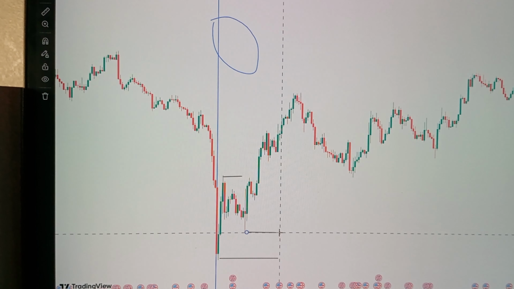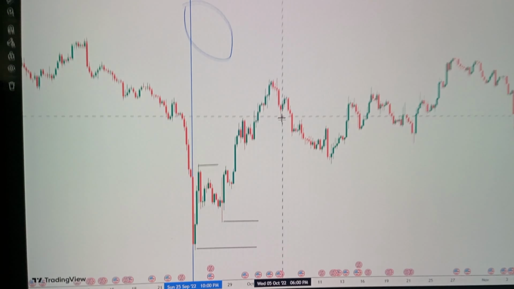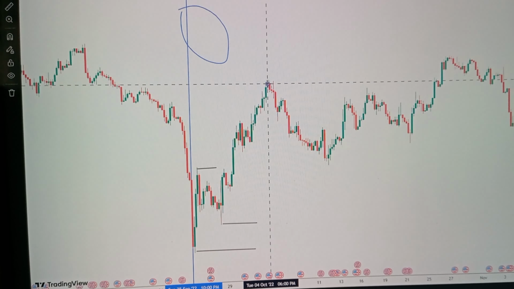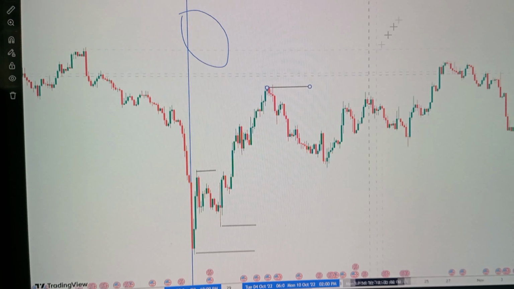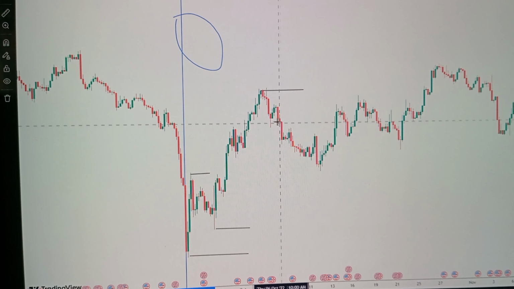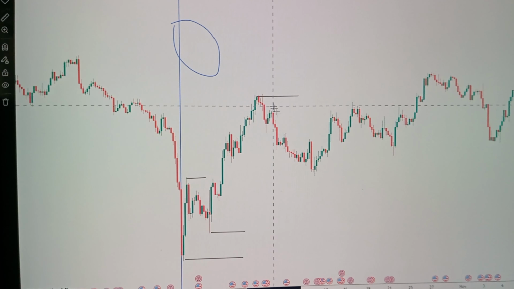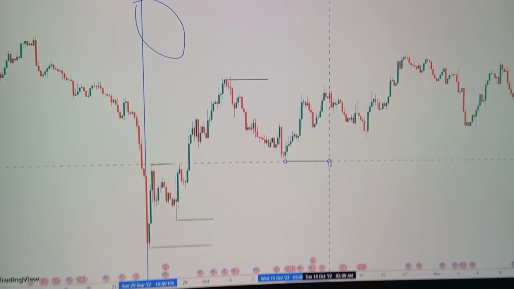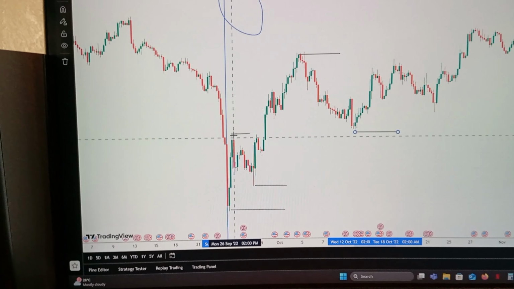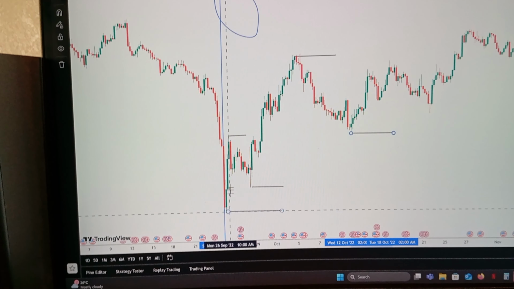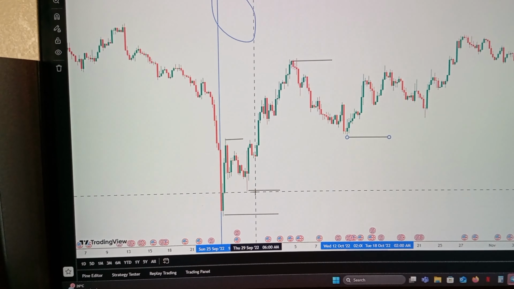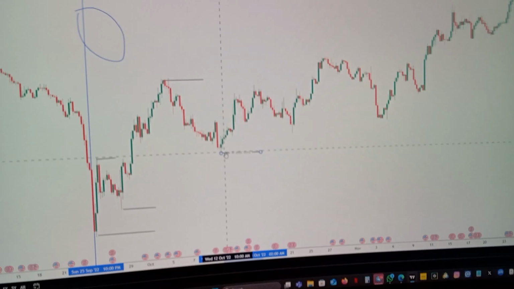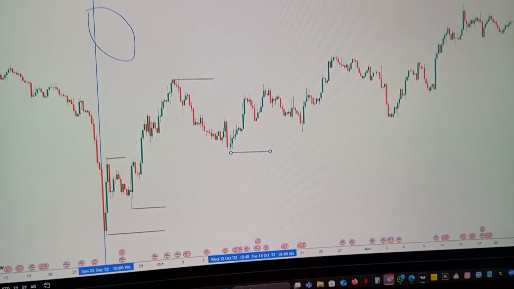Then this low pushed up to give you a new high, and the market sold to give you this new low. So this is a low, this is a high, again a low, a high, this is a higher low, a higher high, and this now is a higher low. After a higher low, the next thing that comes on board should be a higher high.